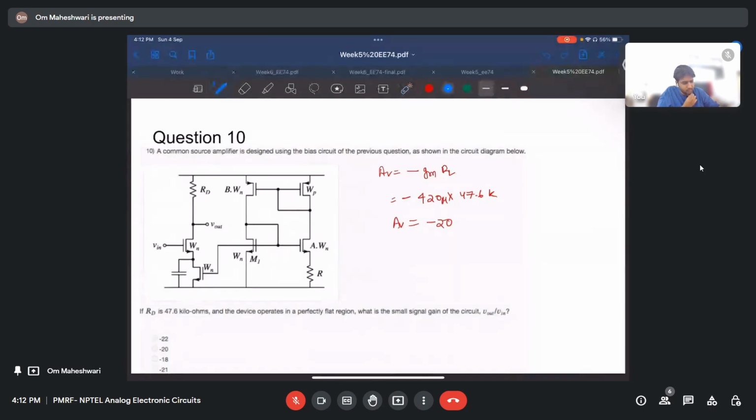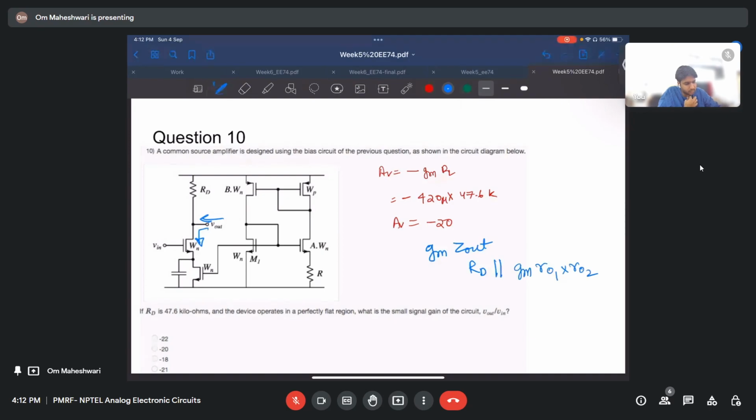Then the rest of it is GM Z out only, and Z out will be whatever you see from here. So it will be RD in parallel with the impedance seen here, which will again be GM RO1 into RO2.